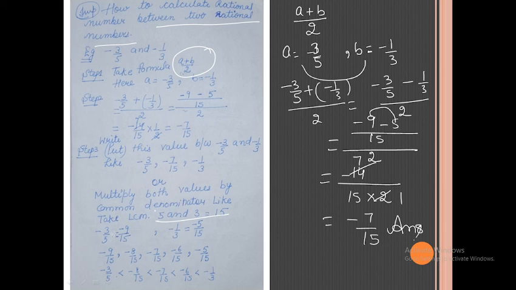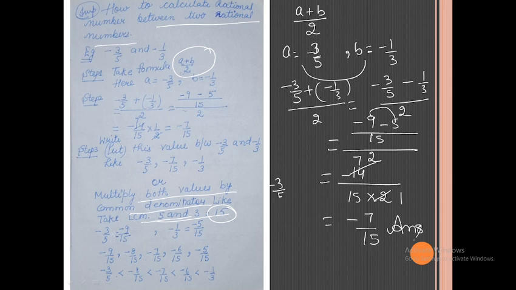And another method is we multiply both values by a common denominator, like take the LCM of 5 and 3, that is 15. Minus 3 by 5 is equal to a denominator of 15, like this.